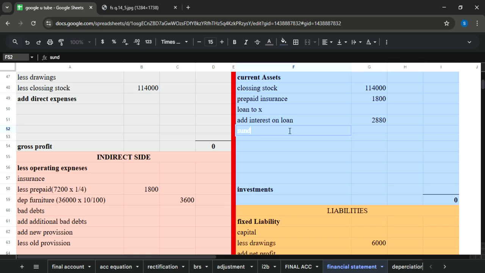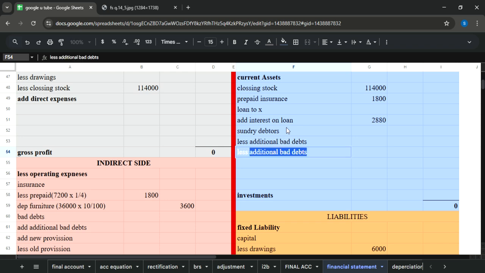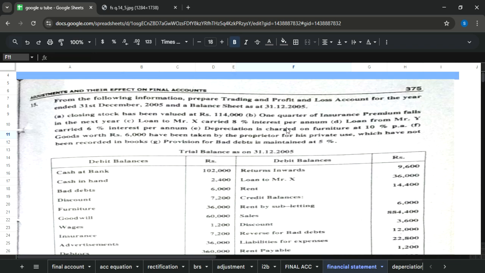Here you will mention sundry debtors first, after which you will subtract additional bad debts, and then you will subtract new provision. Okay, this provision is required to be calculated. Let's get back. I will let you know again.